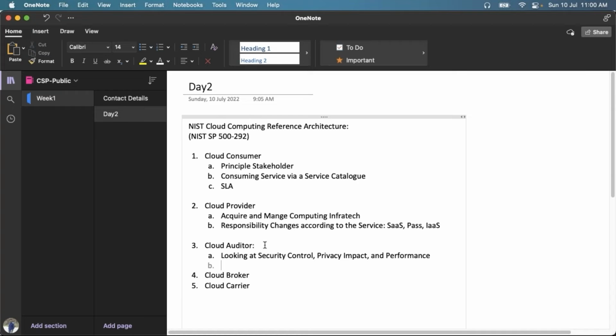Microsoft has their own trust center where they have published those reports of what they are doing. Not only that, they also publish for different governance and compliance purposes what was found and what the independent report is saying about them. So those will be the cloud auditor. On your end, you can also do the audit, but that will be a limited edition.